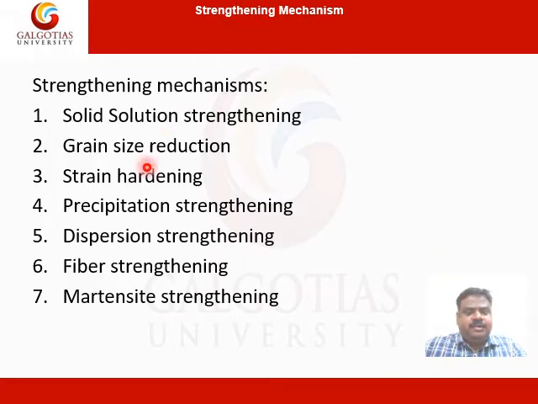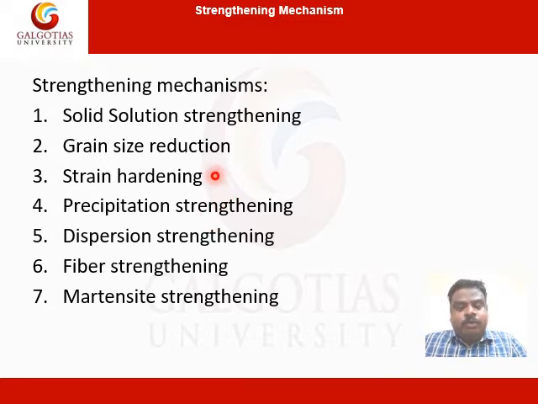As we have seen in previous slides, the strength of a material can be increased by stopping or delaying the onset of plastic deformation by slip. So these are the 7 strengthening mechanisms that are available. One is solid solution strengthening, and another is reducing the grain size, that is known as grain size reduction.